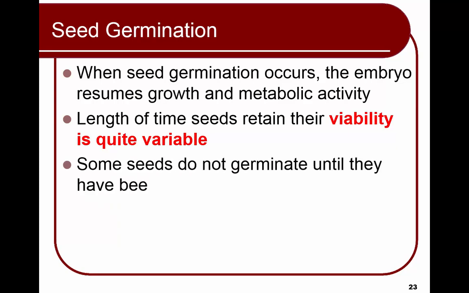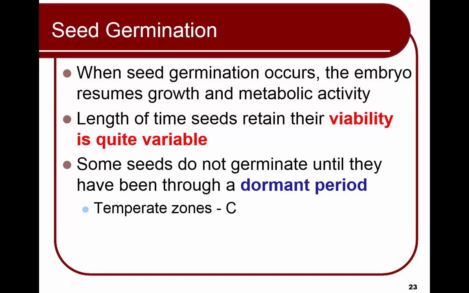Some seeds don't germinate until they've been through a dormant period where no growth happens. This happens a lot in temperate zones that have cold weather. In the cold weather, they're dormant. And then when the weather gets warmer and there's sufficient water and oxygen, they will begin to germinate.